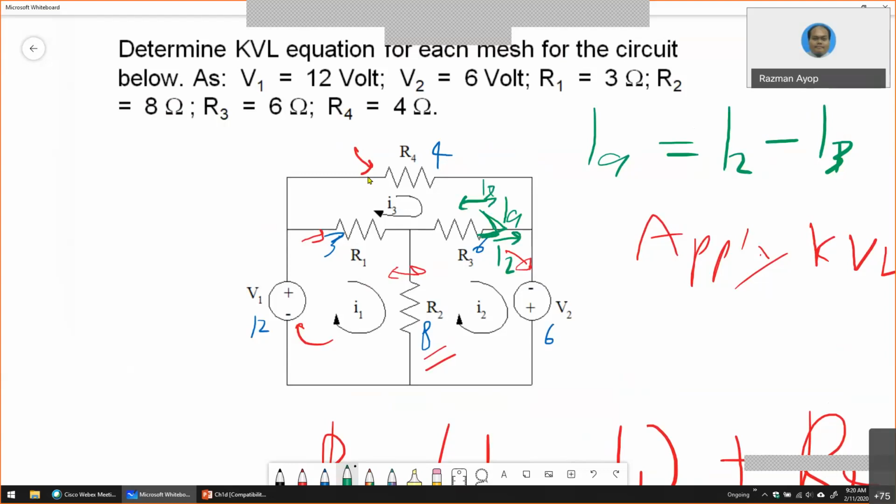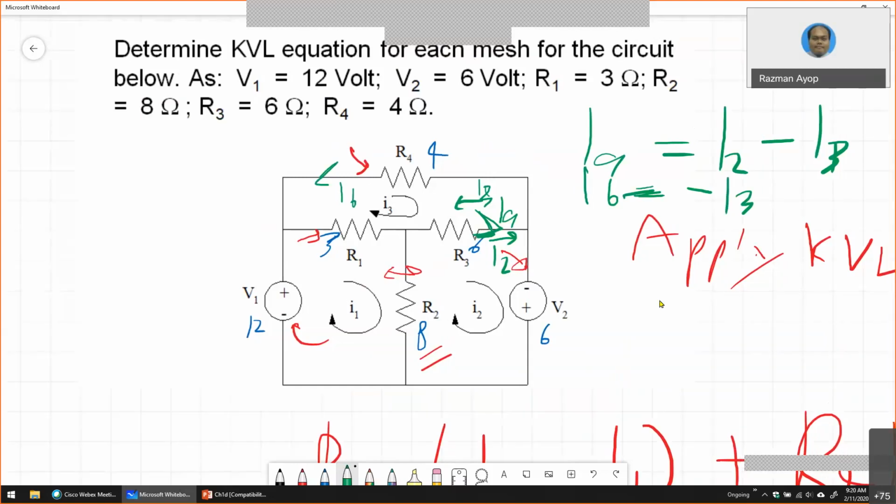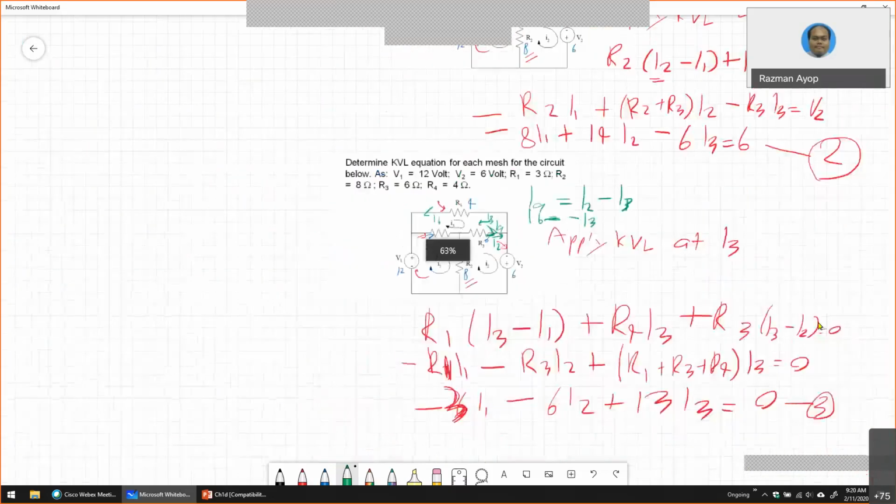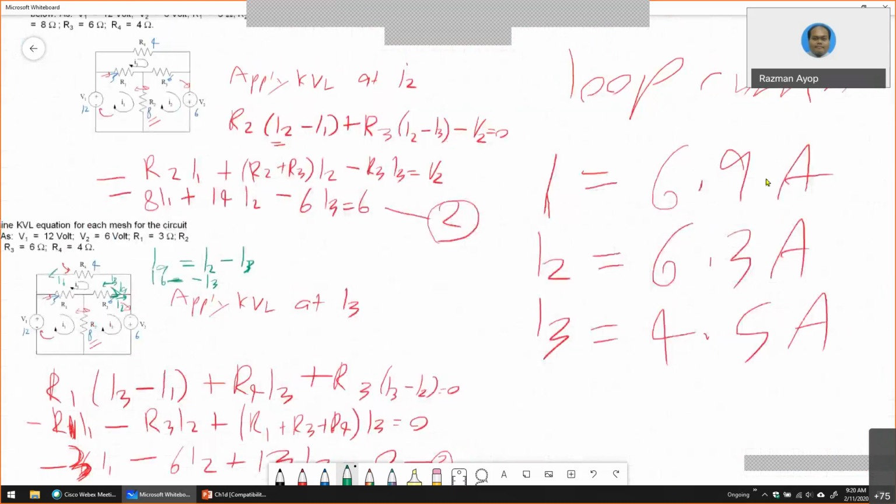How about IB? If you look here, IB is the opposite direction of I3, so negative I3. That is how you get the current. You just insert the values you got.